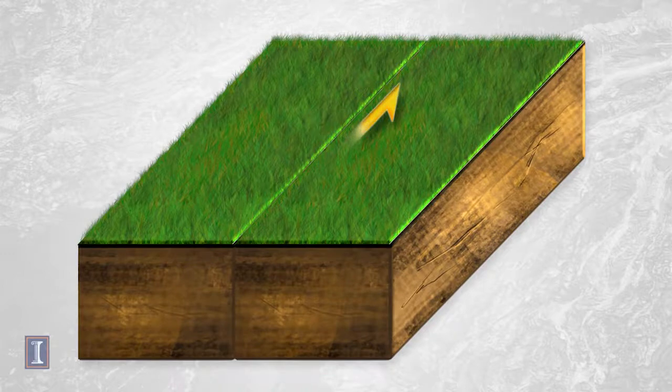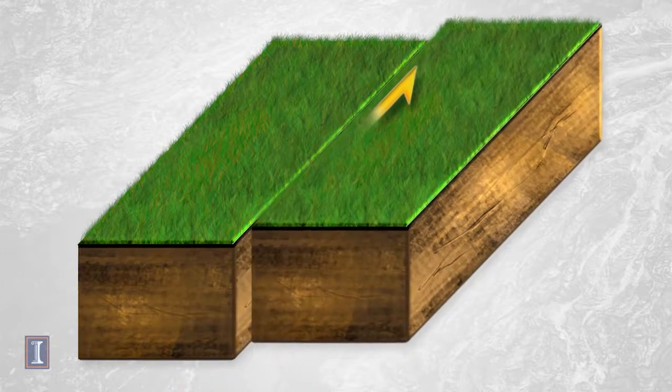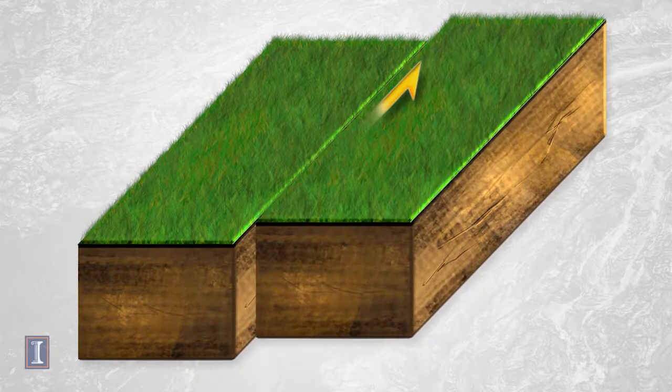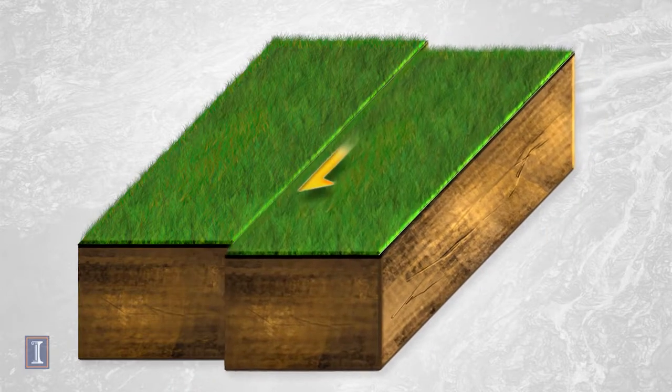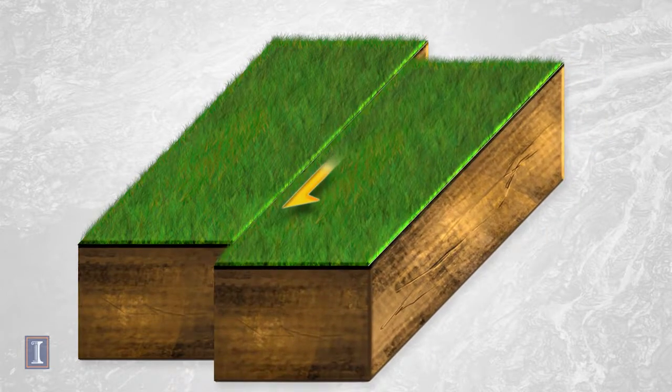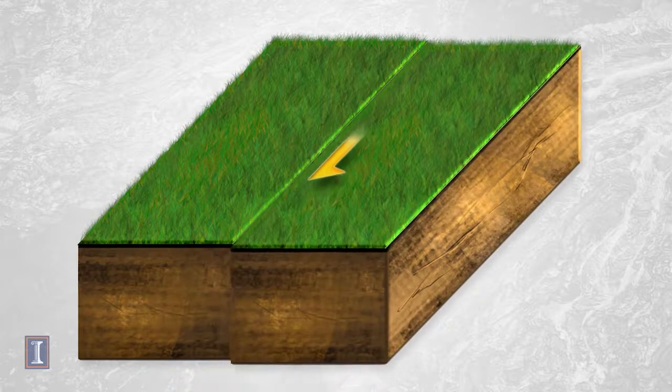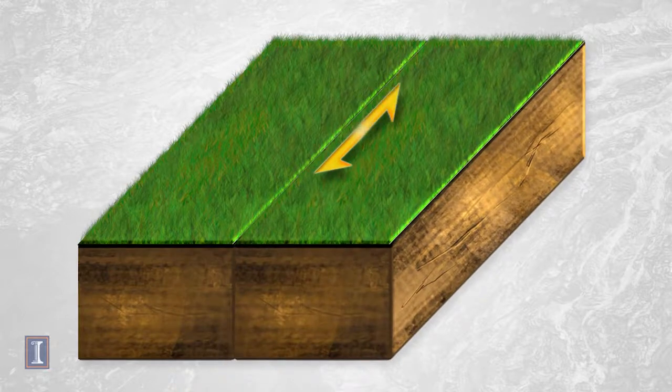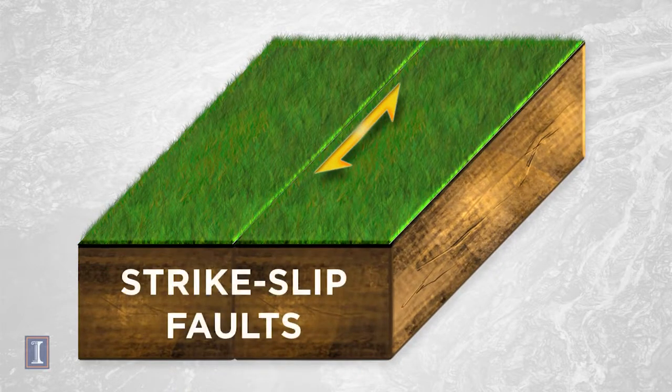At some later time, we can have this geometry, or we can have this geometry. Both of these are examples of what geologists refer to as strike-slip faults.